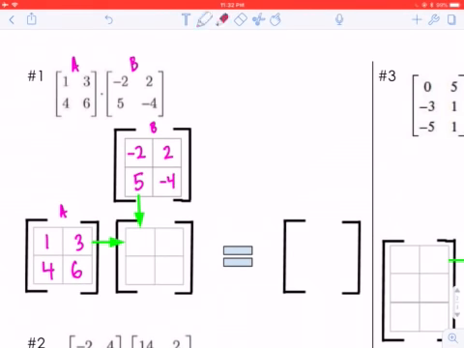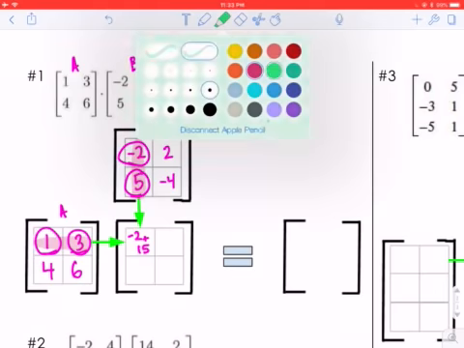From there, I'm going to do my first block, my first section. So I'm going to do these ones together here. So I have 1 times -2, which is -2. That's here, 1 times -2. And 3 times 5, so that's 15. Just like that. I'll change colors so we can keep up a little bit here.